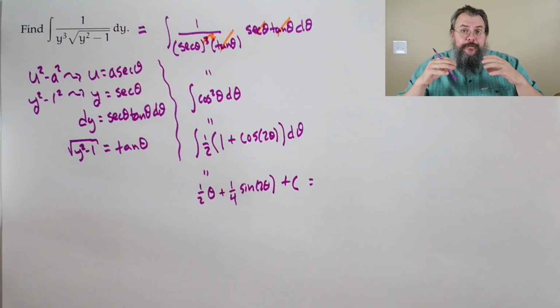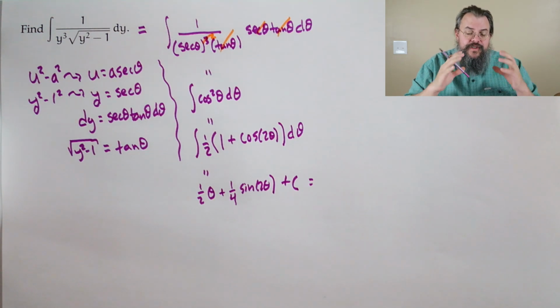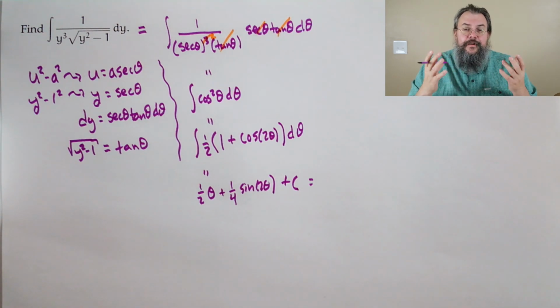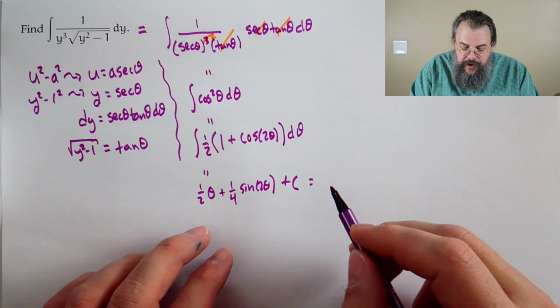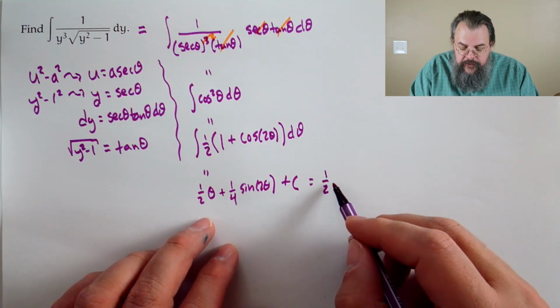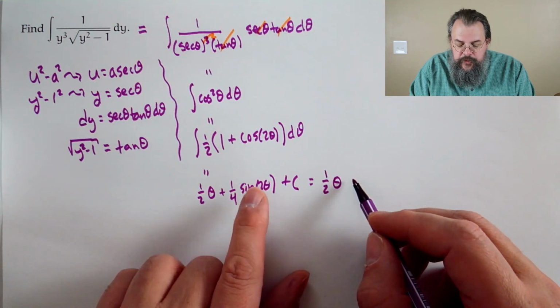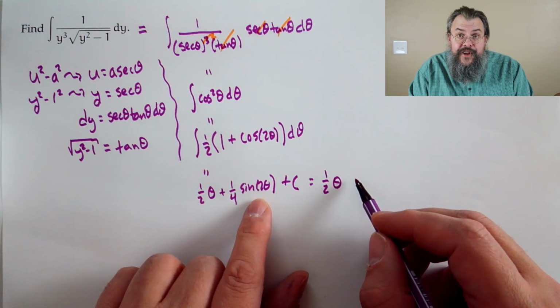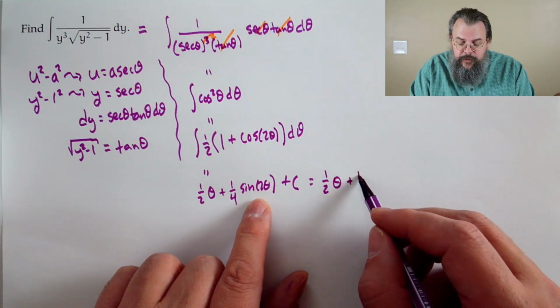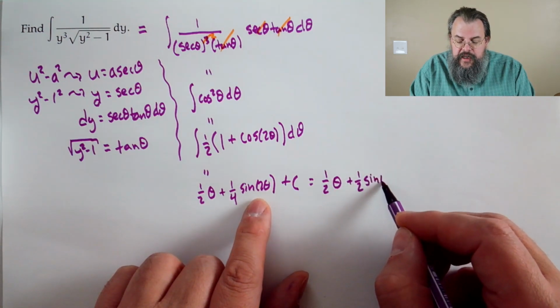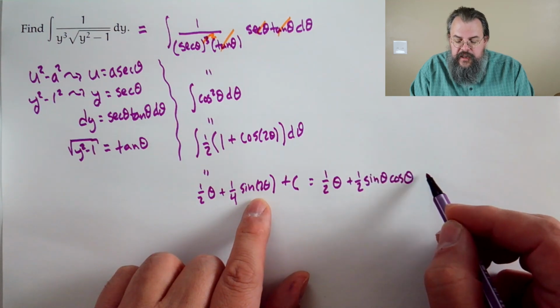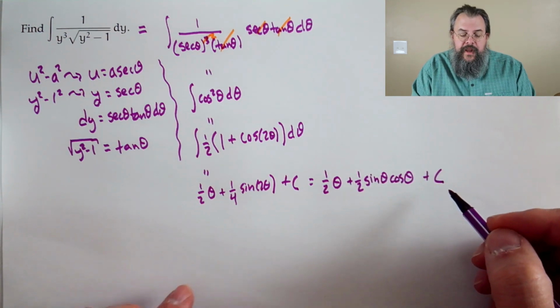Sine of 2 theta is a wonderful function, but not for our purposes. How do we write that in terms of just sine theta or cosine theta? Double angle: that's 1/2 theta, and sine of 2 theta is 2 sine theta cosine theta. So that's 1/2 theta plus 1/2 sine times cosine plus c.